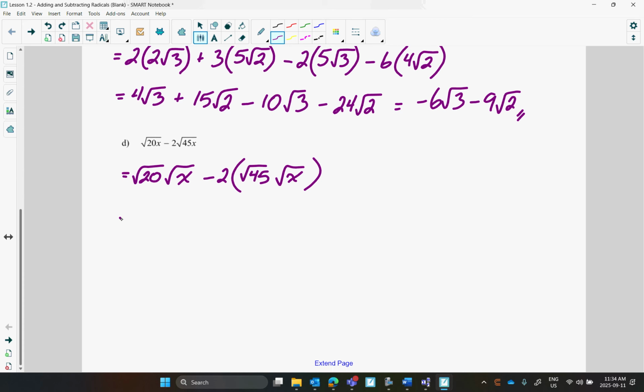How can we break down root 20? Root 4 times root 5. Is there a highest perfect square that goes into x? No, because perfect square exponents are x squared, x to the 4th, x to the 6th. There's not enough here, is there? So I can't simplify this. So I just leave it.